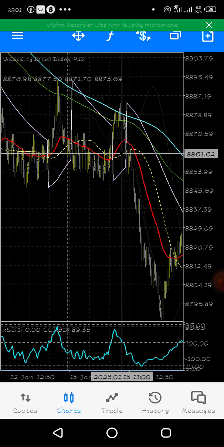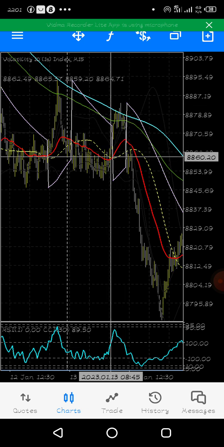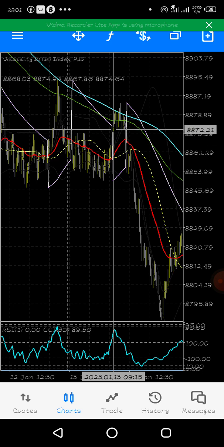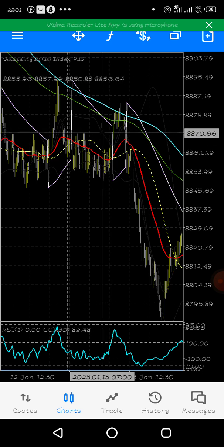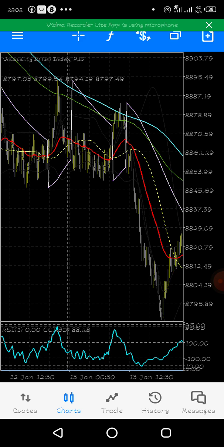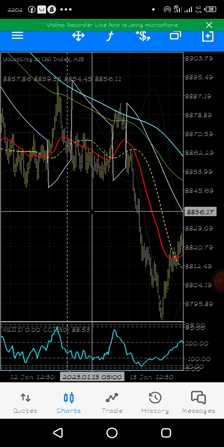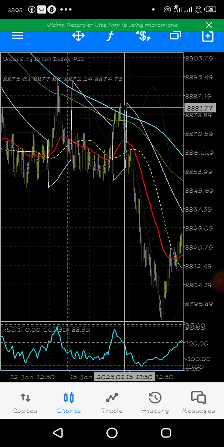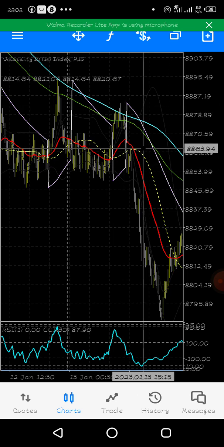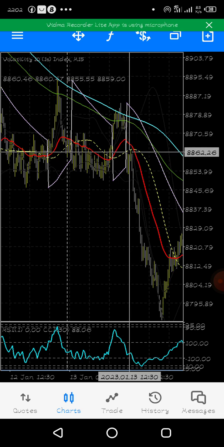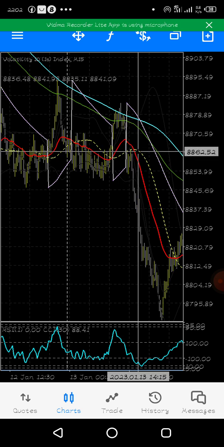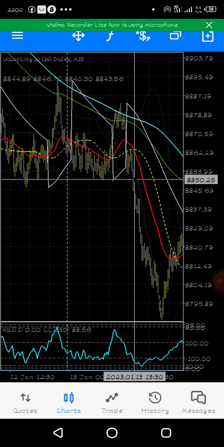Now, assuming it crosses, assuming it breaks this moving average, then I can spot or assume that the trend is changing. But now it breaks below, because this is a lower high here, and as it breaks the lower high from here, it also brings about another cross here.